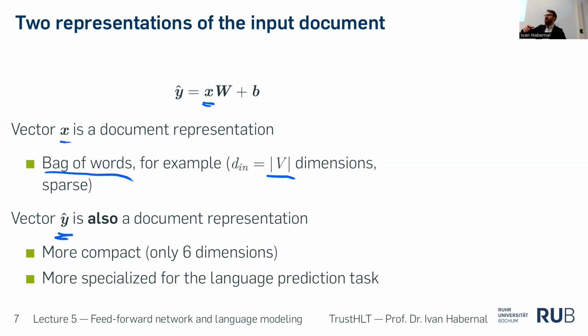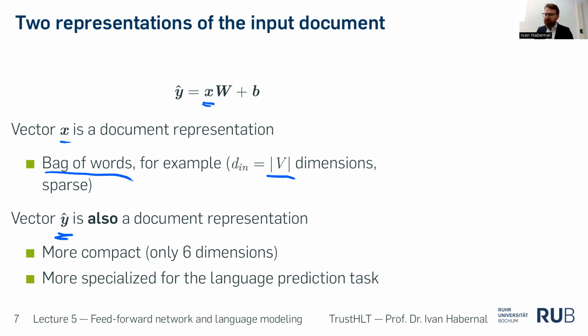We just turn one representation of the document into another representation using just a linear transformation. Okay, so this is the conceptual way of looking at these linear projections, turning from one space to another space. These are not really equivalent, but they have different properties which might be useful for one task or the other.